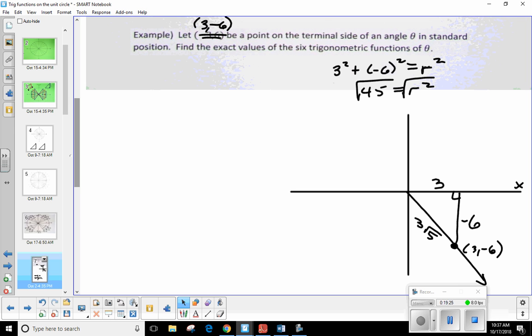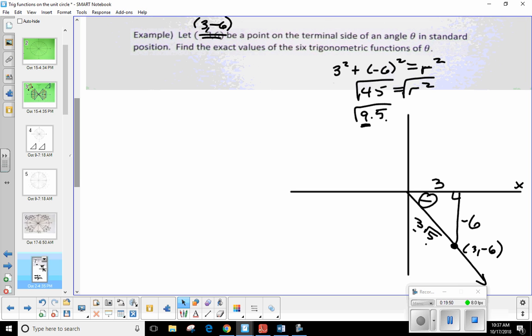But here's the thing on this. Don't go decimal. Work with the radical. If it's not a perfect square, simplify it. The largest perfect square that will divide 45 is 9. We take the square root of 9, that's where we got the 3, but the 5 has to stay as is.